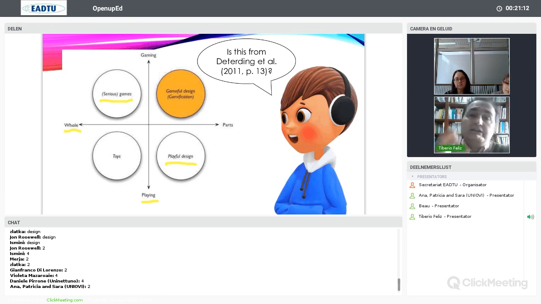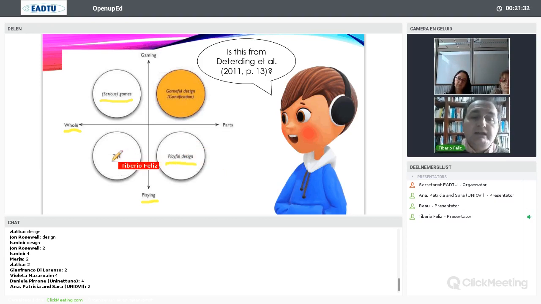However, when we talk about playing, it's free form. Usually we have no rules and no specific goals. This is the difference between gaming and playing, and so between gamification and playful design.